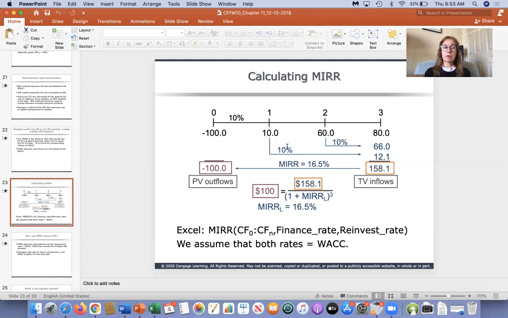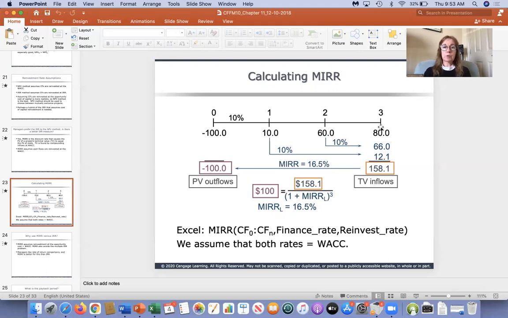This is a little deceiving here because they're not telling you what to multiply it by, but it's $10 times 1.1 squared. We get $12.10. Year 2, we have the $60 we were able to invest for 1 year. So it's $60 times 1.1. This $80, we get it at the end of the project. There's no time to invest it.